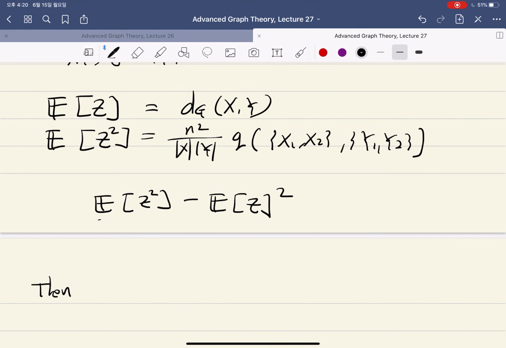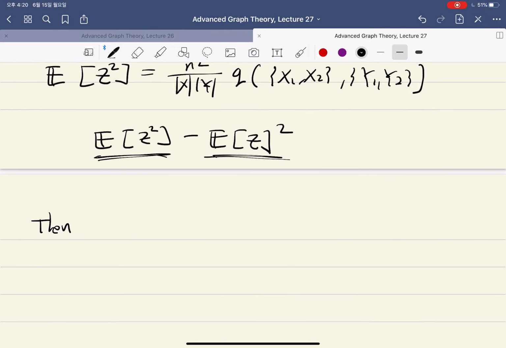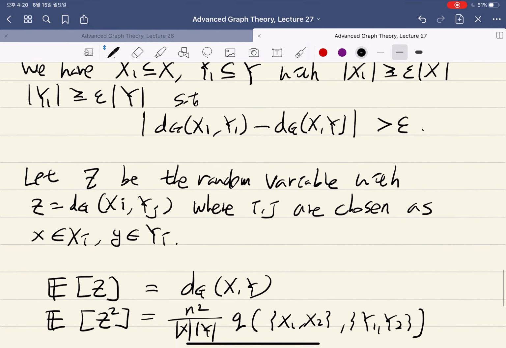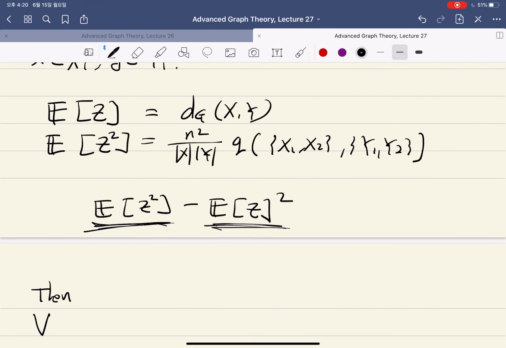So this is always bigger, but we want to show that this is bigger than this by a certain amount. Before, we showed that this is actually bigger than this, which gives us the conclusion that the energy is not decreasing. But here we want to show that energy actually increased by a certain amount.